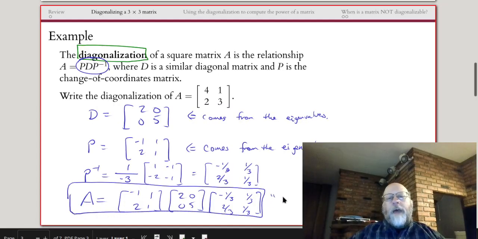And we call this the diagonalization of A. It includes the diagonal matrix from the previous example, plus the converting matrices that convert us back and forth between the two systems.